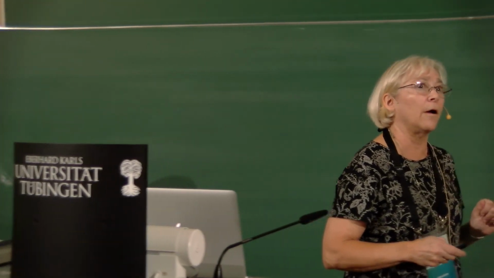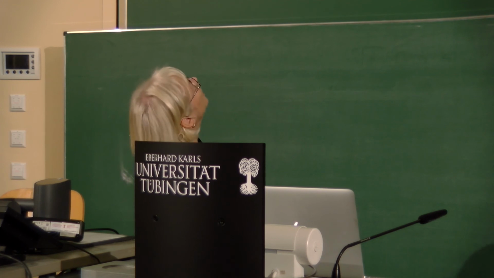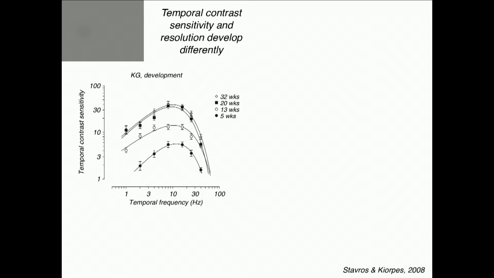This is a representation of temporal vision, basic temporal vision, and what this is showing you is temporal modulation sensitivity as a function of age, again now for an individual infant monkey tested at these ages. And you can see that this is also an inverted U-shaped function. It's not the same one, because now you're talking about a different domain of vision.